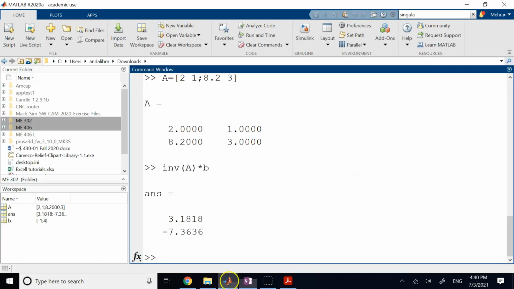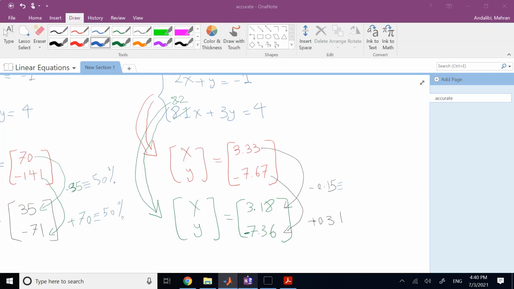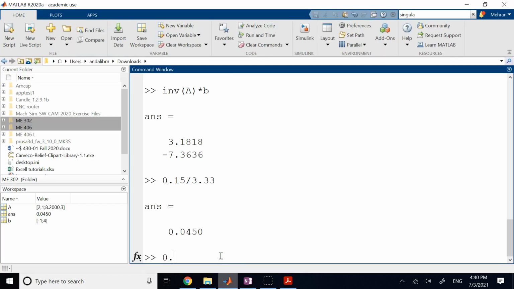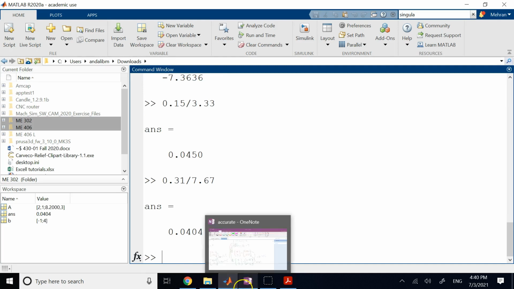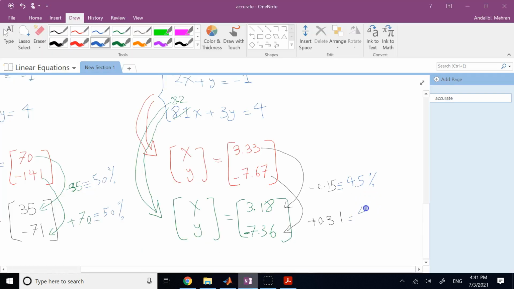So 1 over 22, or 0.15 divided by 3.33. Yes, so this is just 4.5%. And here the change is 31 over 767, which is about 4%.